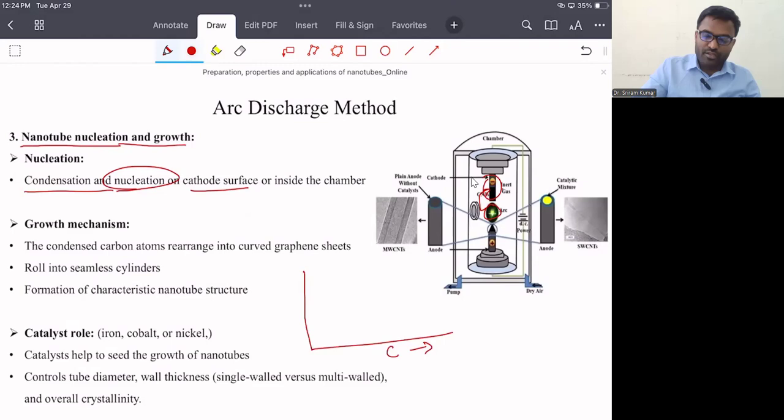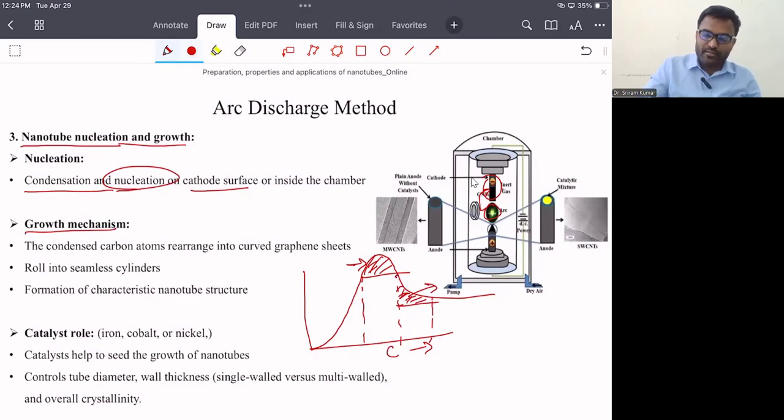We already understood how the nucleation process starts with the concentration. We already understood that if we have this kind of graph here, and the concentration is in this particular range, then this is the nucleation process, and this range is the growth step of the nanomaterial, and we have this growth mechanism here.